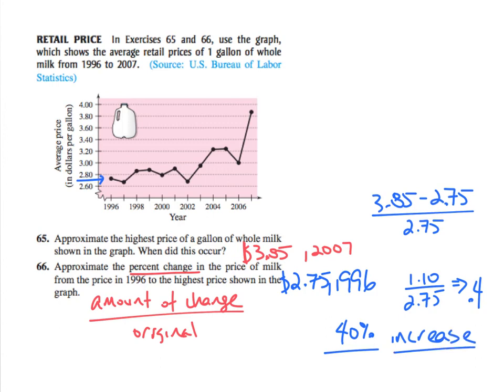That it increased. Great, it changed 40%. Fantastic. Which way did it go? Up. And the way to specify that it went up is you have to say it's an increase. So if you want full credit, you need both. This 40% just says it changed 40%, but how much? It changed a 40% increase.